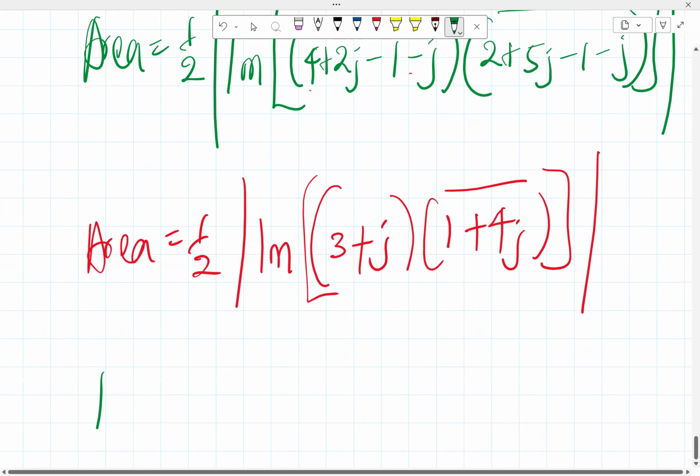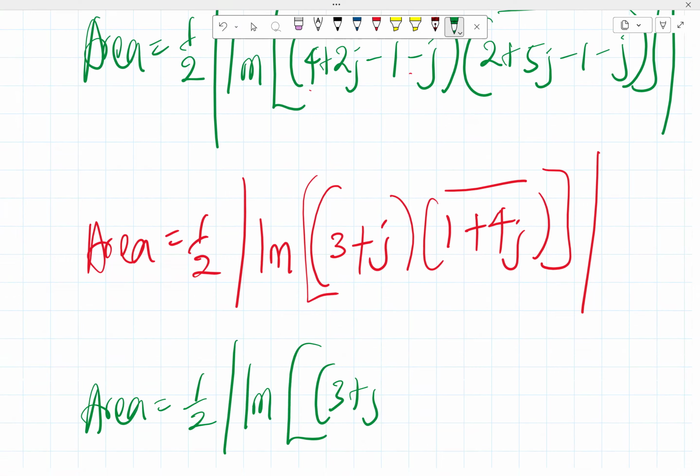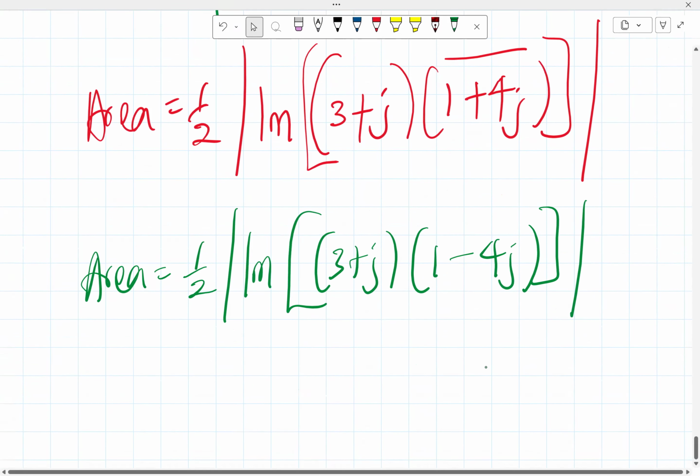So we keep going. The area is equal to 1 over 2, the absolute value of the imaginary part of 3 plus j into the conjugate of 1 plus 4j, which is 1 minus 4j. By doing this, we don't need to write the conjugate again.